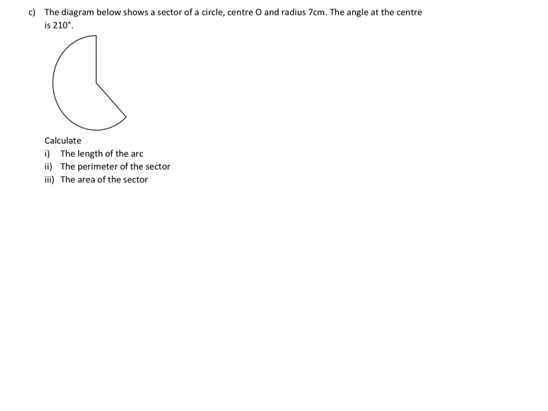Okay, so the length of an arc is the angle over 360 multiplied by 2 by pi by r.